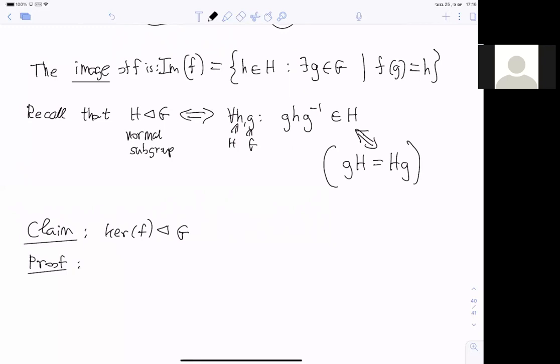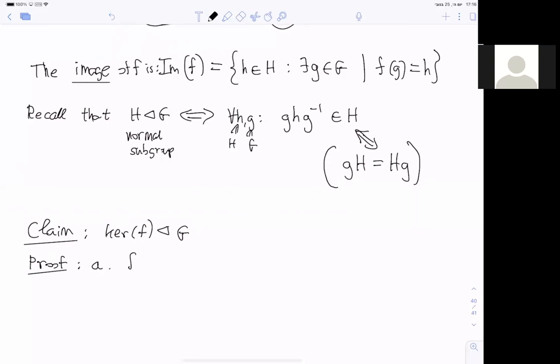First, we have to show that it is a subgroup. In order to show subgroup, we need three things. First, that it contains the neutral element in G. Second, that it is closed under multiplication. And the third thing is that if an element belongs to the kernel, its inverse also belongs to the kernel. So let us go step by step.